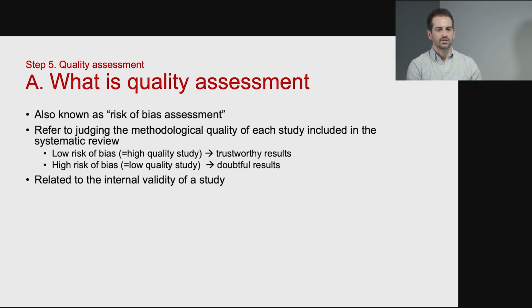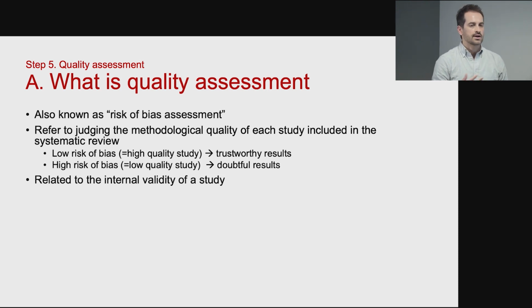So it refers to the internal validity of the papers, whether they used all the methodological precautions and standards to do a good paper, to have a good methodology. So you judge this methodology, and of course, if there is a low risk of bias, this is a good quality paper. You are more confident that you can trust the results, right?